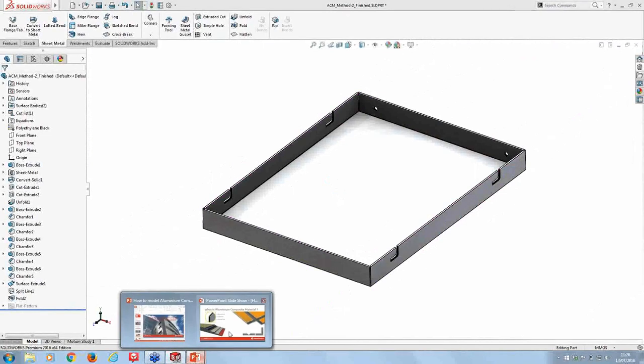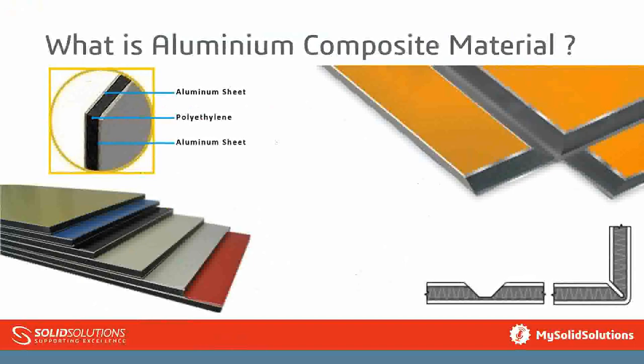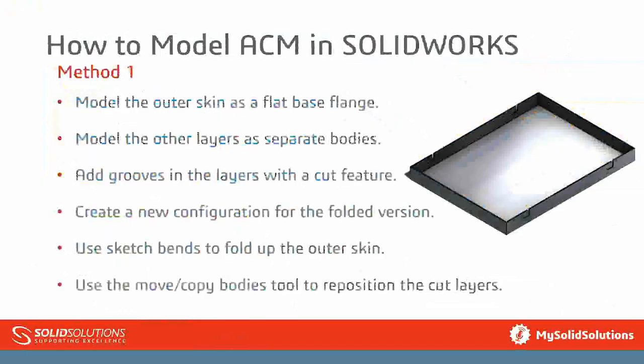So really going back to my PowerPoint here. Method one, model the outer skin as a flat panel and a base flange. We then modeled the other layers as separate bodies. I machined the grooves in using a cut feature. In my case, I used a tool body cut with the sweep cut tool, but it could just be an extruded cut.